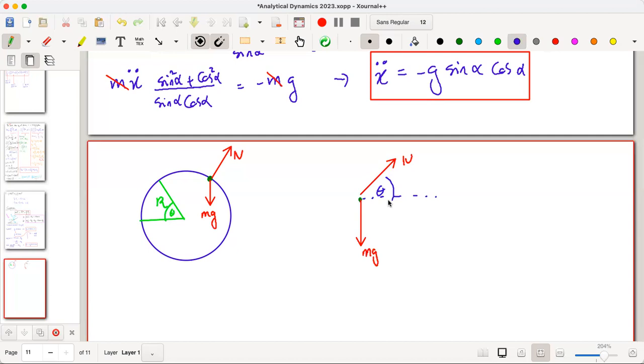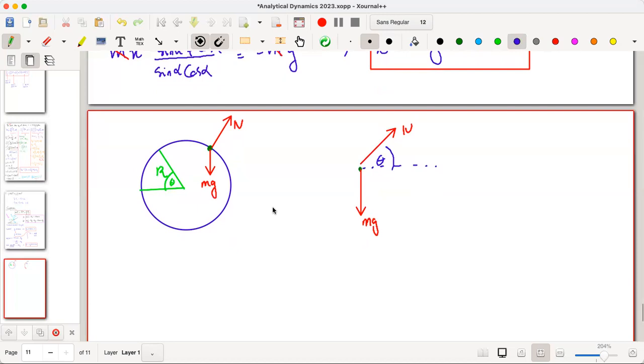Since it's a motion in 2 dimensions, we have two equations of motion. The first one is along the x direction. Along the x direction, there is only a component of the normal force. So m x double dot is just n times cosine theta, right? Because the component of n that goes here is just n times cosine theta.